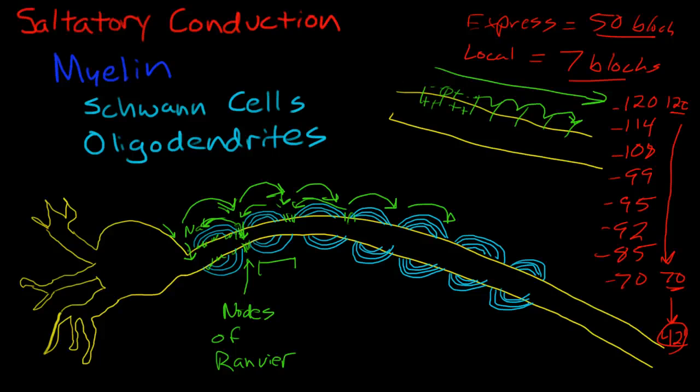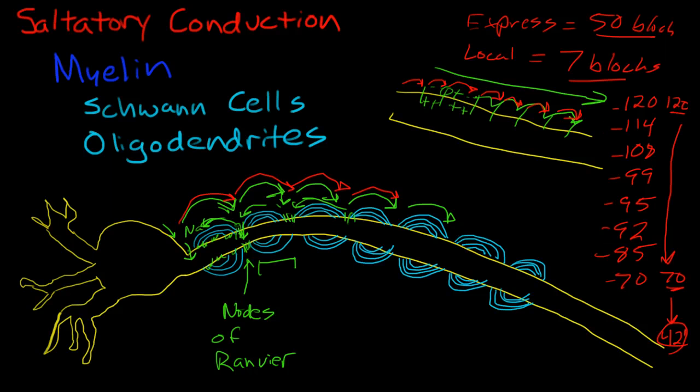The same type of thing can be seen in the difference between a non-myelinated axon and a myelinated axon. A non-myelinated axon requires many stops. Lots and lots of voltage-gated sodium channels need to open up to move from one side of the axon to the other. But because of the way that the myelin sheaths work, the action potential can skip from node of Ranvier to node of Ranvier, just like an express train.